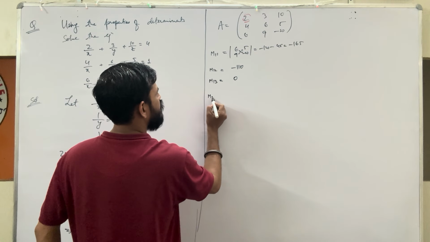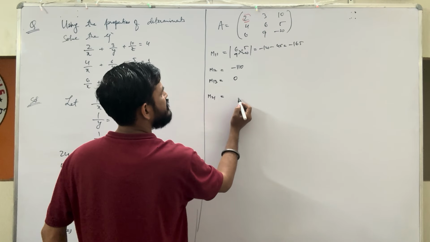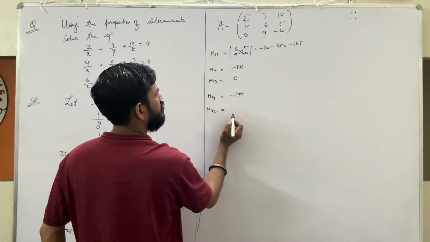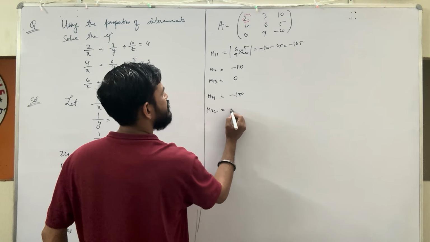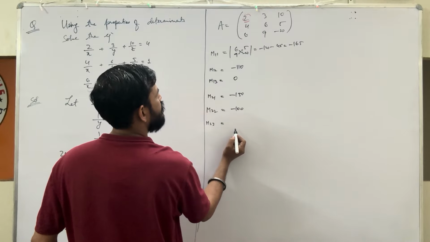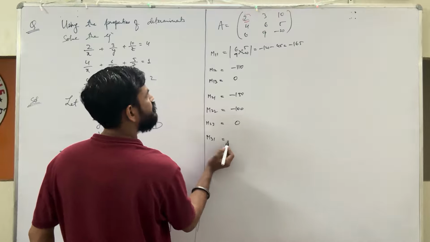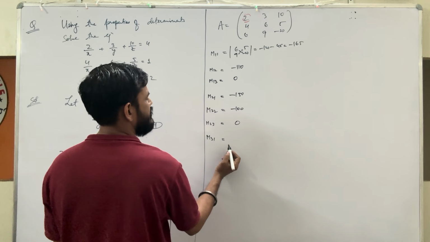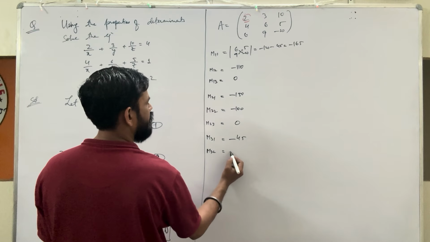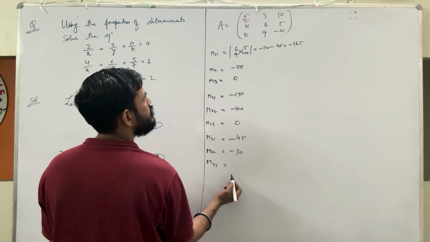Yes, 0. m21: minus 60 minus 90, minus 150, right? m22: minus 40 minus 60, minus 100. m23: minus 18 plus 18, 0. m31: 15 minus 60, minus 45. m32: 10 minus 30. m33: 12 minus 0, 12.